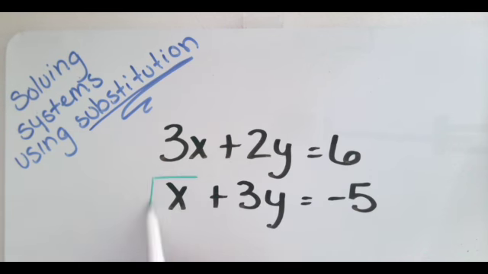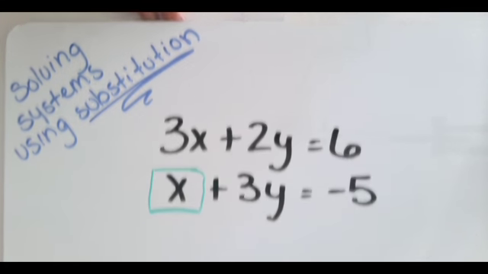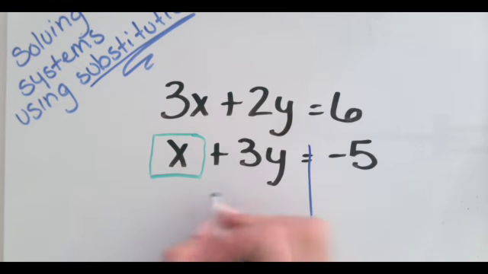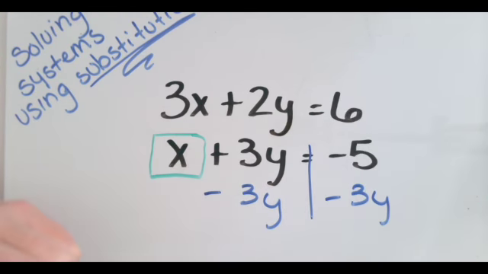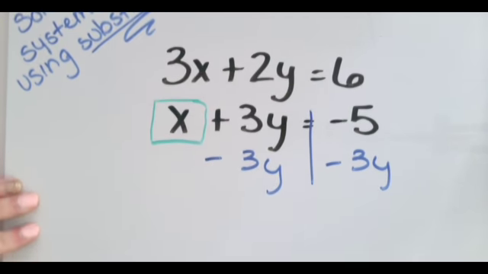I can so easily get this x by itself on one side of the equation. All I have to do is move that 3y to the other side using the opposite operation. So I'm going to subtract 3y from both sides. What makes this tricky is that it's not going to combine with the 5, it's just going to be right next to it.